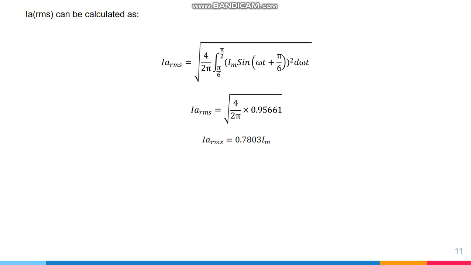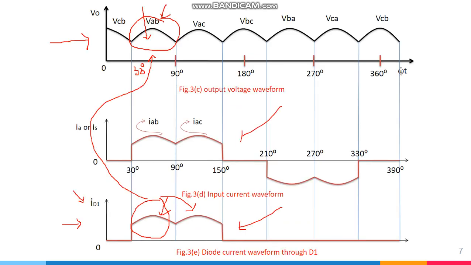Now in order to see the RMS value of current drawn from the transformer, it can again be calculated by seeing the current waveform. This is the current waveform from a particular phase of the transformer. So we have two such waveforms like this over here. We have two bumps over here and two over here.